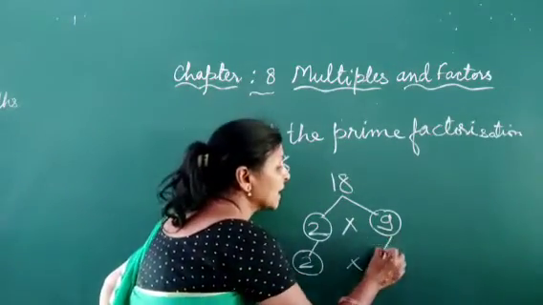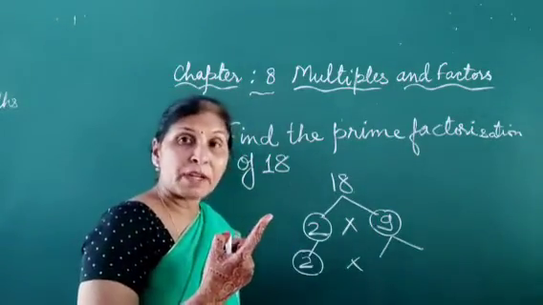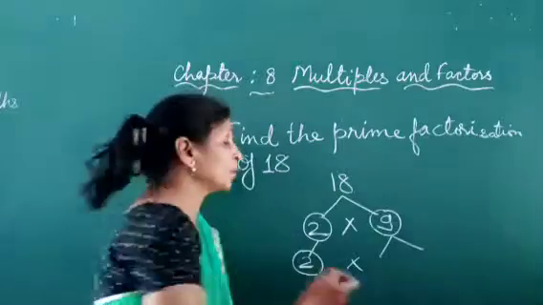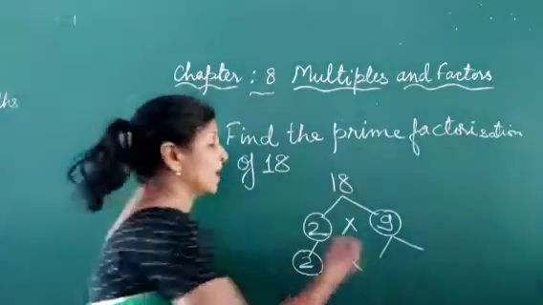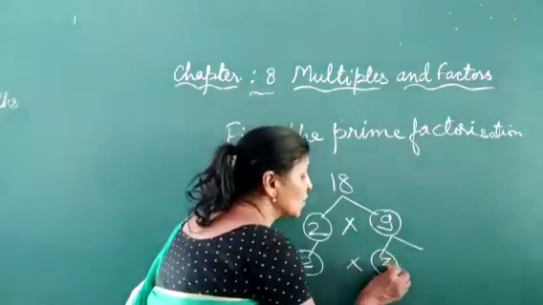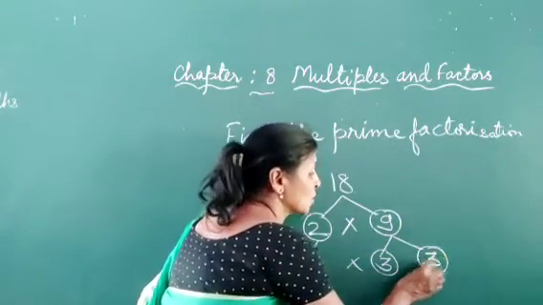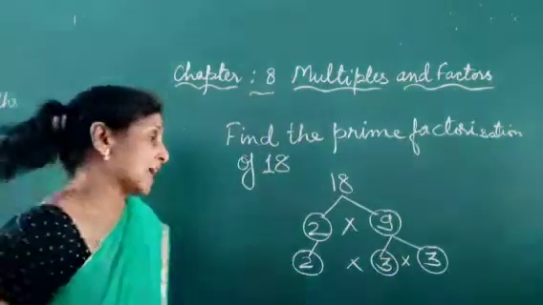Now 2 is a prime number, so we cannot split it; we write it as it is. Then 9, we know 9 is an odd number, so 9 is not divisible by 2. Then comes the next prime number, that is 3. We write 3 here, 9 is divided by 3 and we get the quotient 3. If we multiply these 2, we get 9.